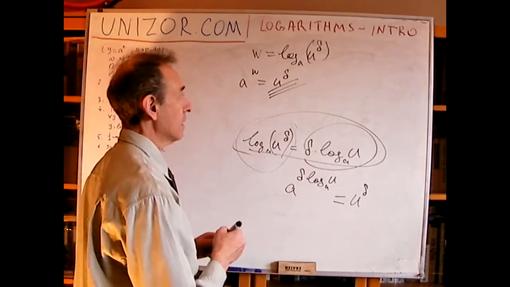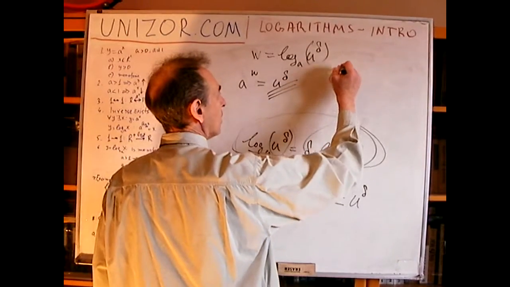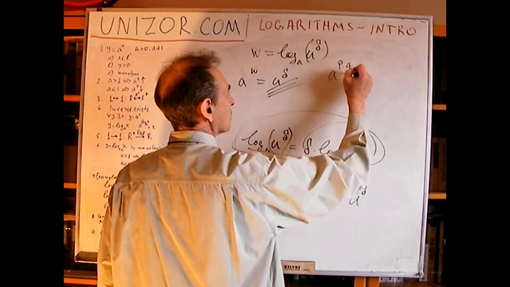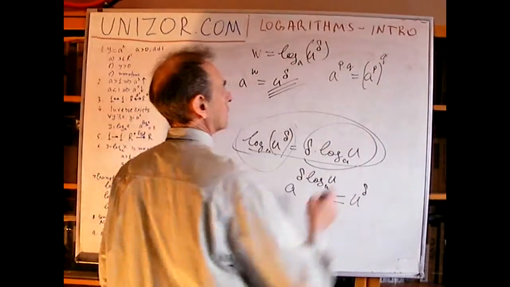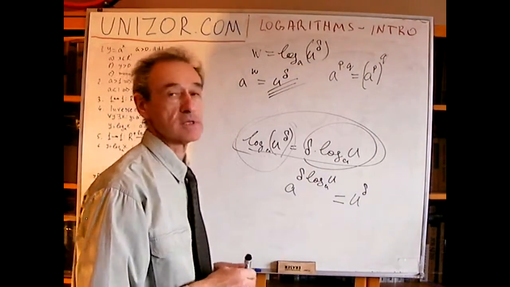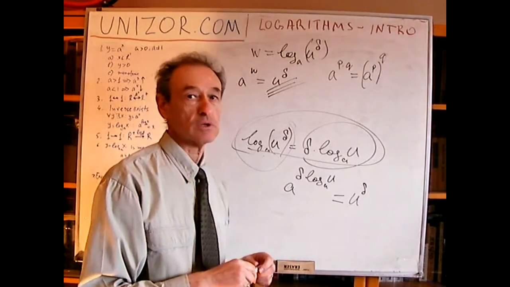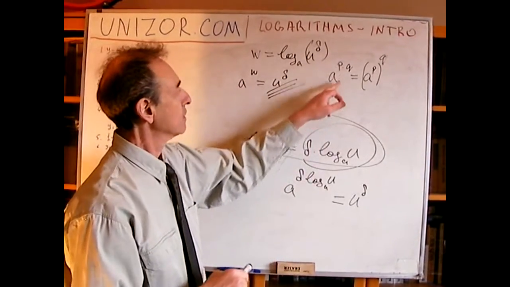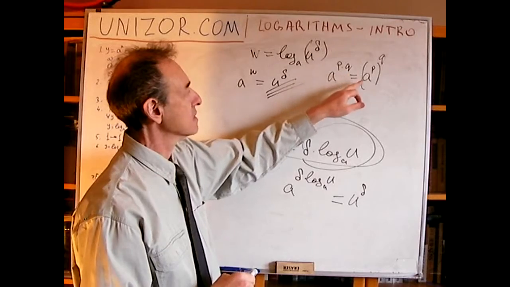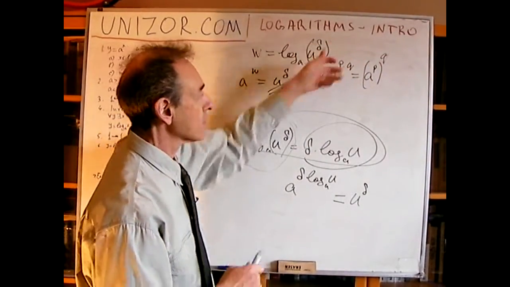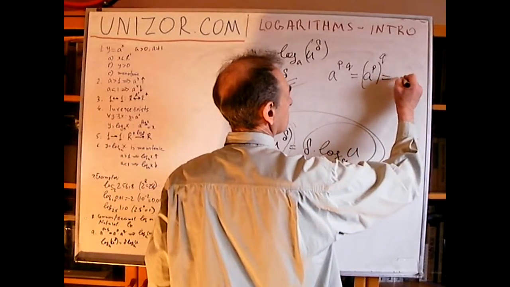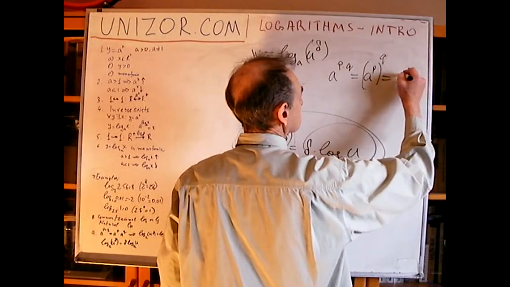Well, again, you remember the property of exponential functions. I hope you remember this. If you don't, go back to the exponential functions lecture. A to the product of two numbers is a to the first number and the result to the second. Or they can be reversed, actually. It doesn't really matter because the product is commutative.